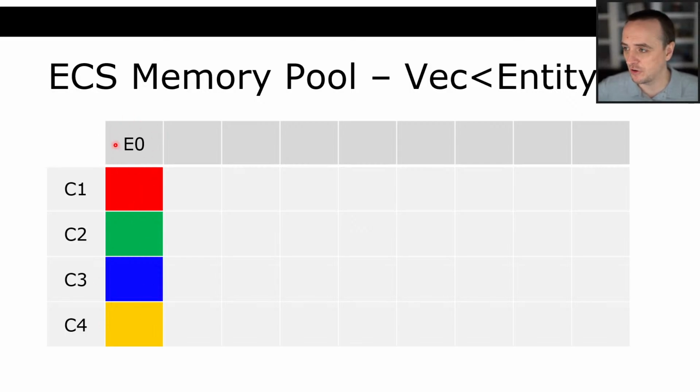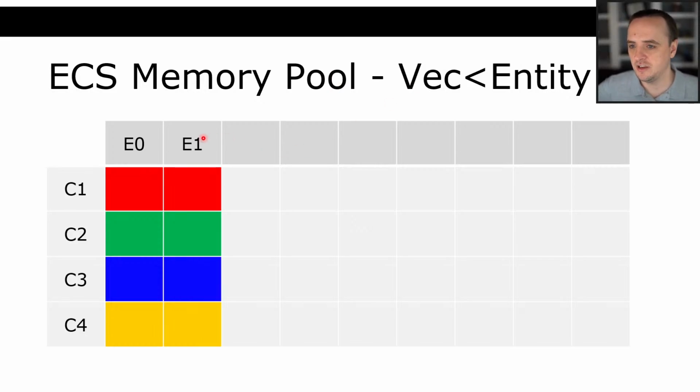I've got my first entity that I've inserted into the memory pool, it has component 1, component 2, component 3, and component 4. The second entity in the memory pool is this column, right? So if I have a vector of entities, then each column is stored contiguously in memory, so the entity is stored contiguous in memory.